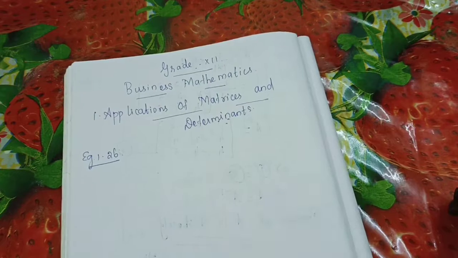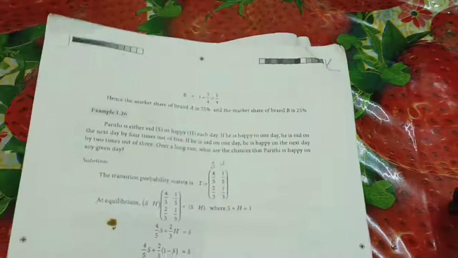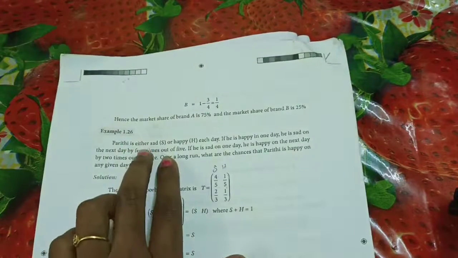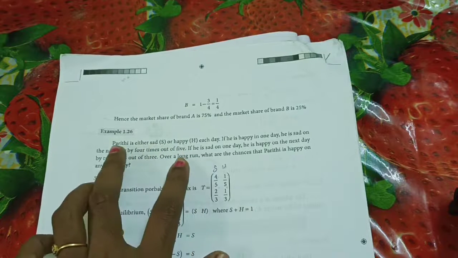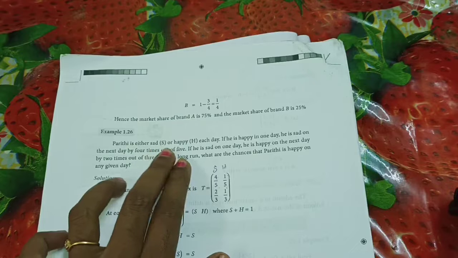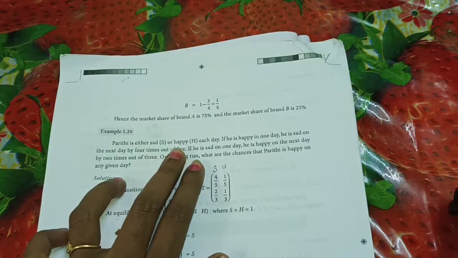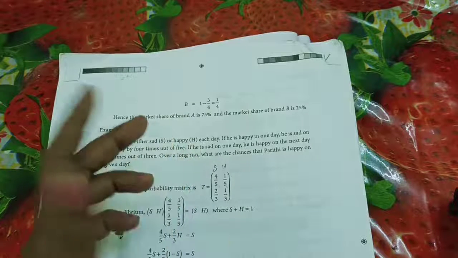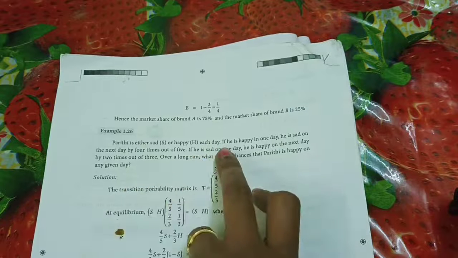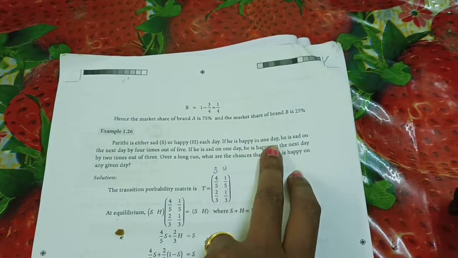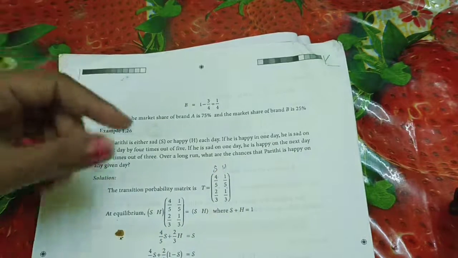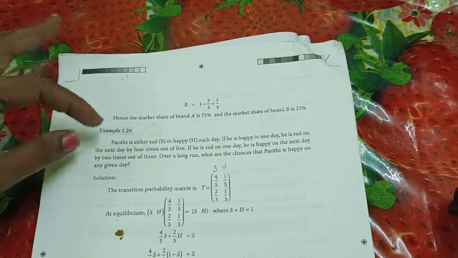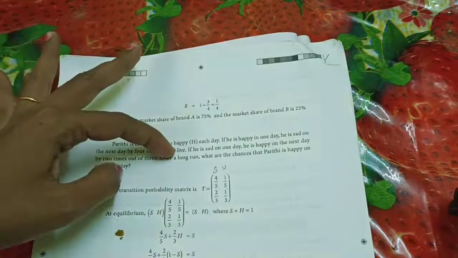Question: Parthi is either sad or happy. She will be sad or happy on each day. If he is happy on one day, he will be sad on the next day 4 times out of 5.